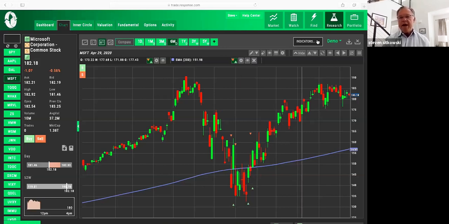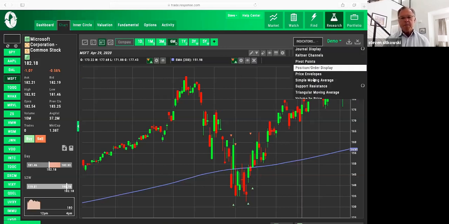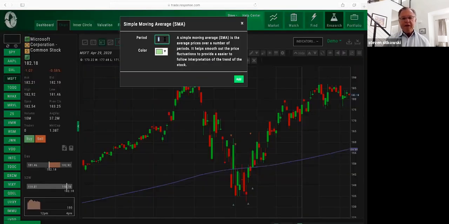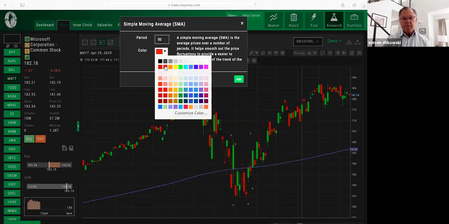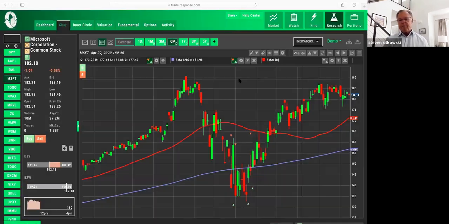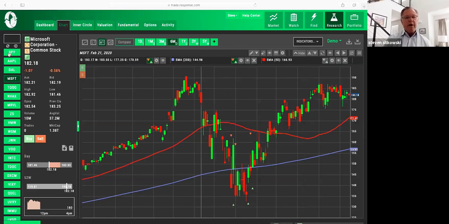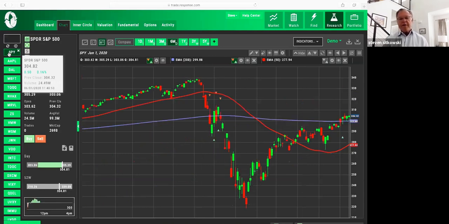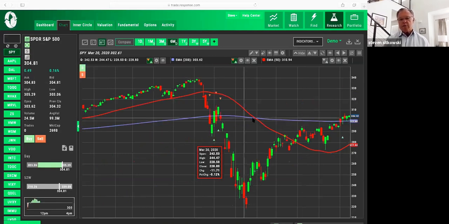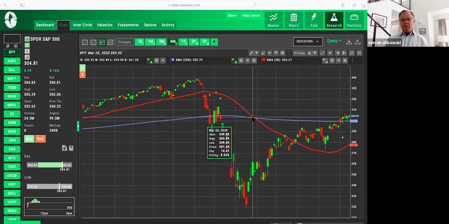Now, what if I wanted to add to this a 50-day moving average? And let's change the color. Let's see how red shows up. Okay, so let's go back to the SPY. And there's one of those crosses right there. See how it dropped below?